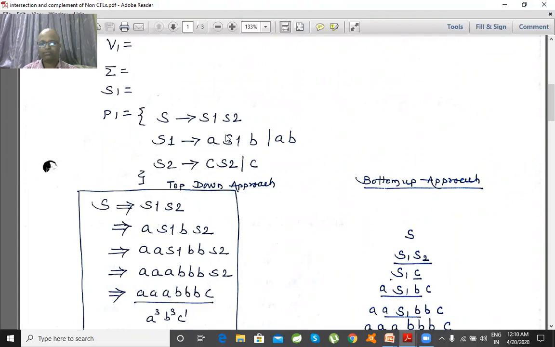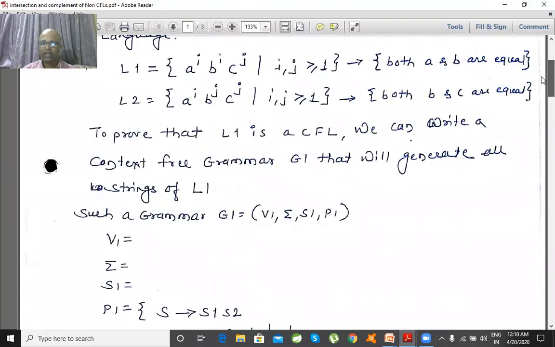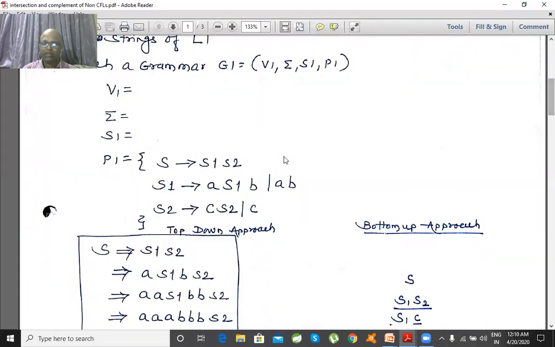When we eliminate S1, it has to be eliminated by writing ab. This is because i and j change from 1 to infinity, so it should not be null. And S2 is a valid non-terminal which takes care of many c's. So it should produce either a single c or, in recursive format, multiple c's.